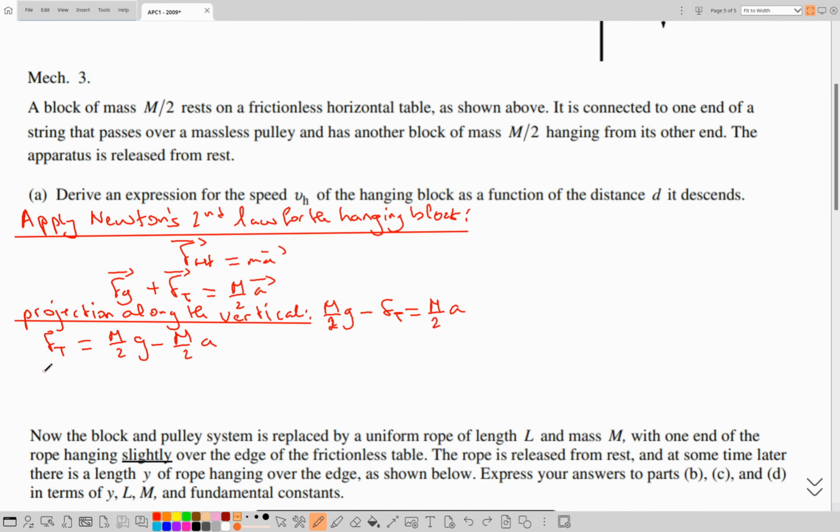So let's again apply Newton's second law for the block on the table.